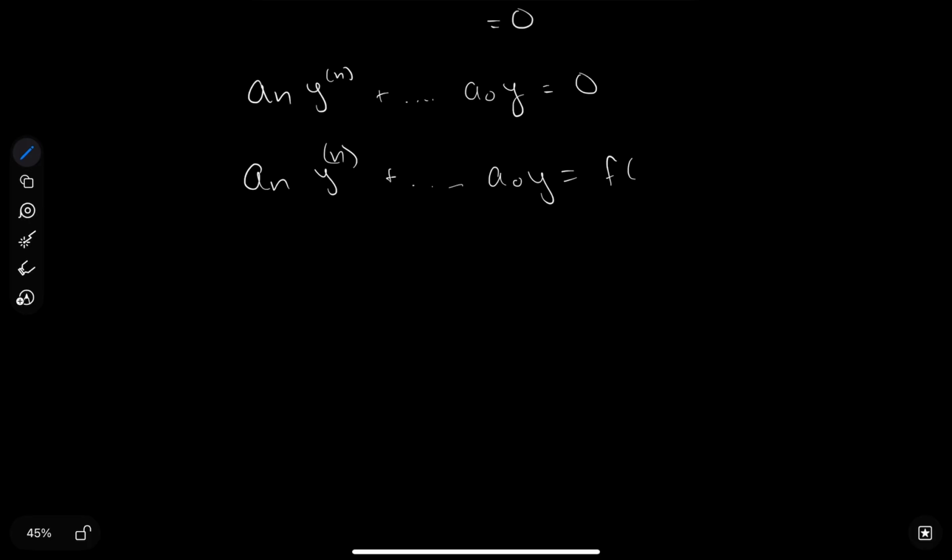If we have f of x times one of the derivatives of y, it doesn't really matter which one. We could have the nth derivative, the first derivative, or no derivative, so we're just going to call it y. We can move this over and make this equal to 0. But if this is simply a term f of x, we cannot do that, and it would be non-homogeneous. Great.